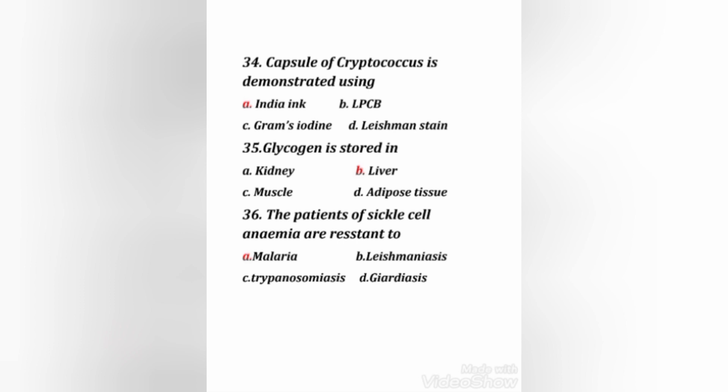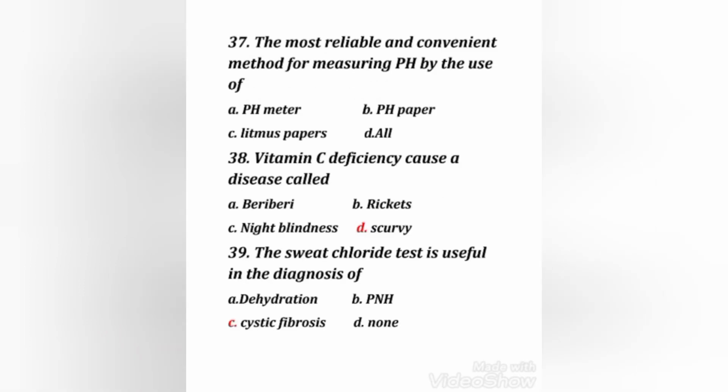Next question. The patients of sickle cell anemia are resistant to malaria, leishmaniasis, trypanosomiasis, giardiasis. And here the right answer is option A, malaria. The patient of sickle cell anemia are resistant to malaria. Next question. The most reliable and convenient method for measuring pH is the use of pH meter, pH paper, litmus papers, all.